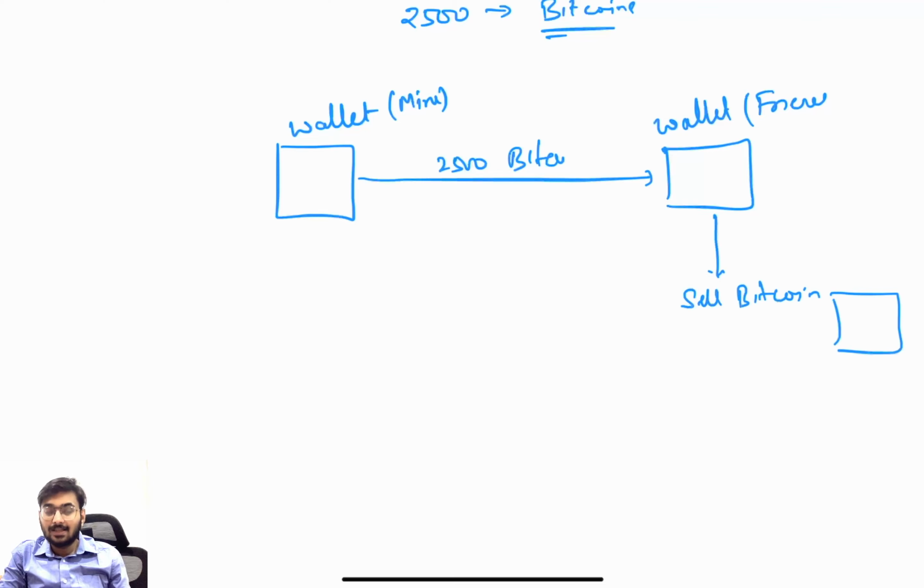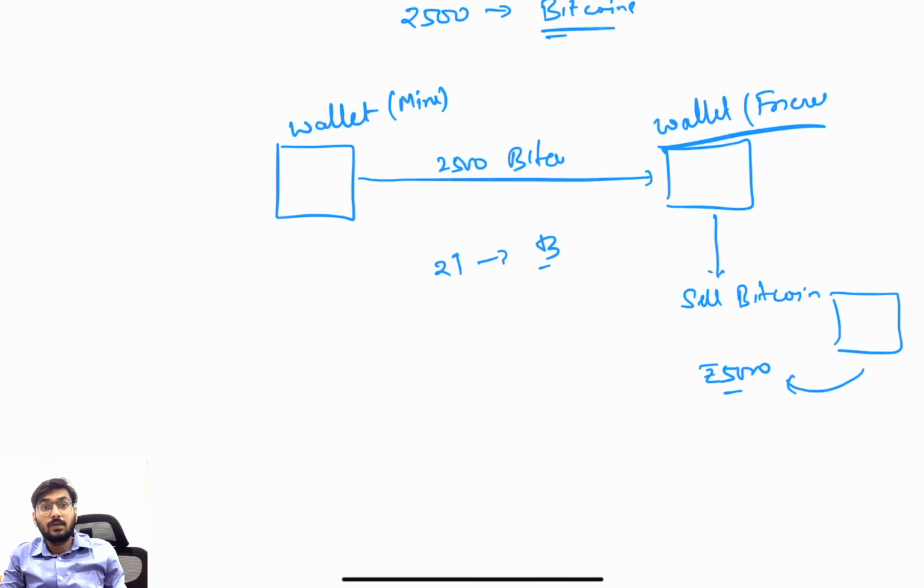Now you can sell your bitcoins on an exchange. There is an exchange on which bitcoin trading is going on. Someone is buying, someone is selling. So now you are selling it, so you will get 5,000 rupees. But what if you sell it tomorrow? I have sent it to you today, but today you got busy and you are selling it tomorrow. Clear? And tomorrow the value of one bitcoin increases from 2 to 3.